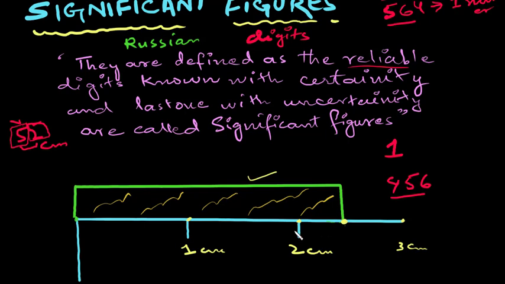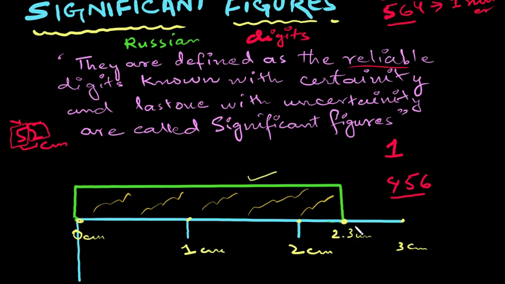According to the scale, this is 0. Let's suppose this is 0 centimeter and this one is around between 2 and 3 centimeter. Let's suppose it is 2.3. According to my assumption, the 0.3 centimeter is not marked here. I assumed the value of this measurement to be 2.3 centimeter.